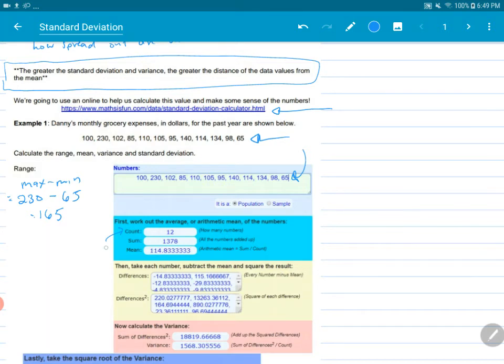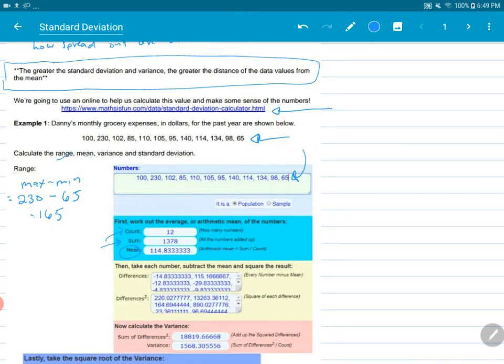If you add them all up, look, it gives it to you right here. And the sum, so if you took that sum and divided it by 12, you would get the average or the mean, which is right here. So you don't even need to do any calculations like you did a couple days ago when we went through mean, median, and mode, because it's right here. It's 114.8333.